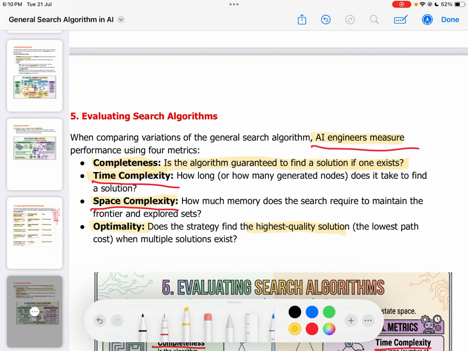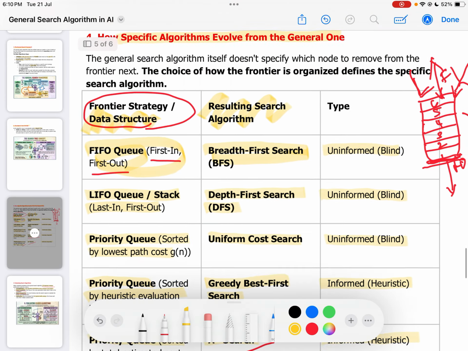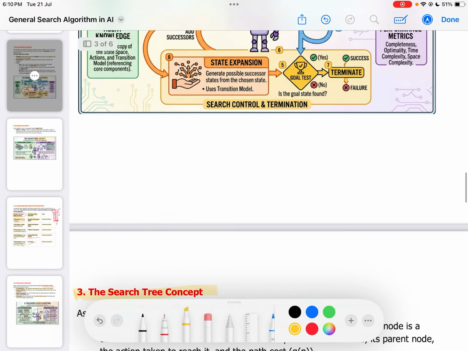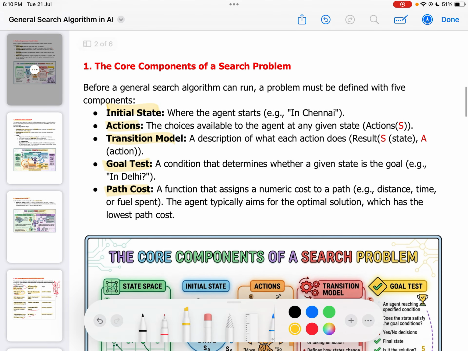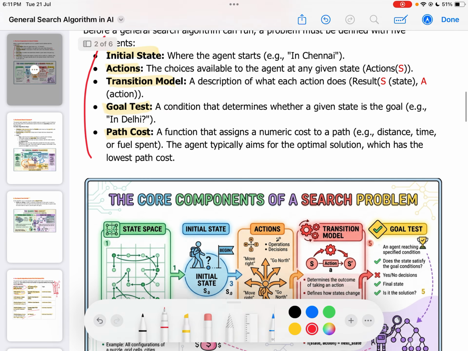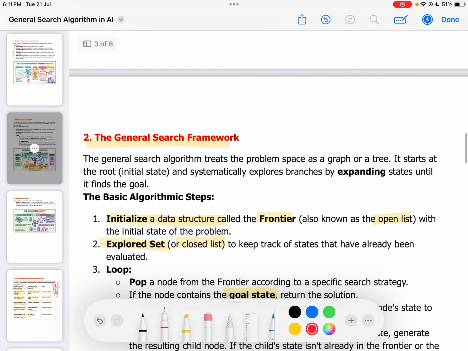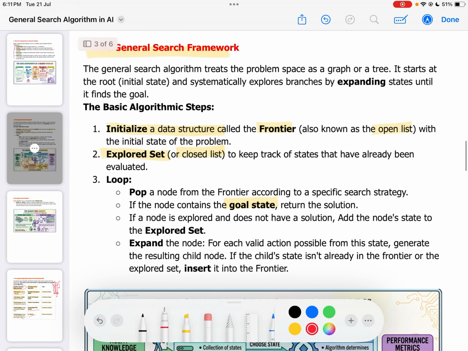Hope you understand what evaluating a search algorithm is. So to sum up all this, in general search algorithm, first we talked about components, where there are states: initial, action, transition, goal, and the cost that is involved with the states. These are the core components of a search problem. Then comes the framework. How will it work?